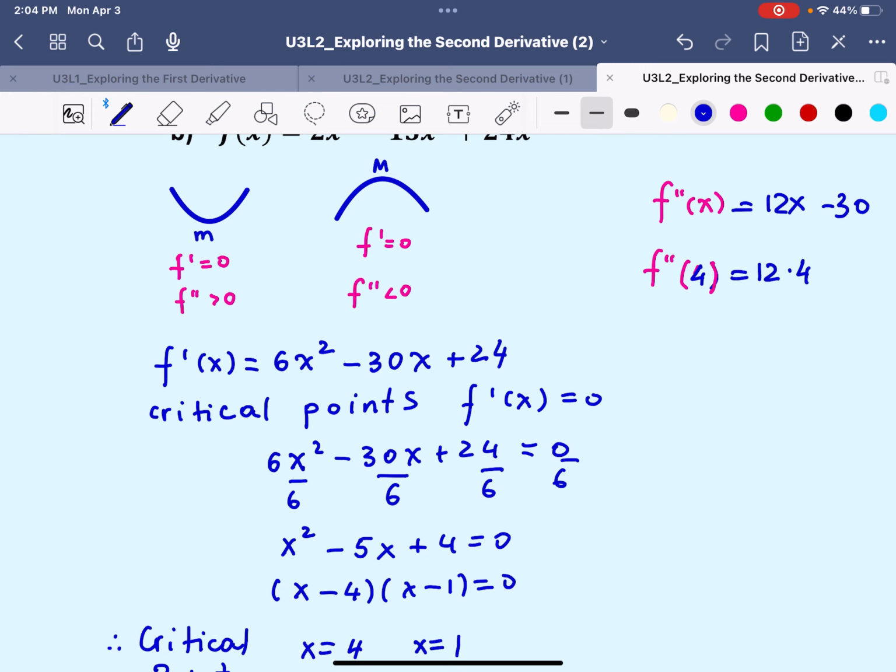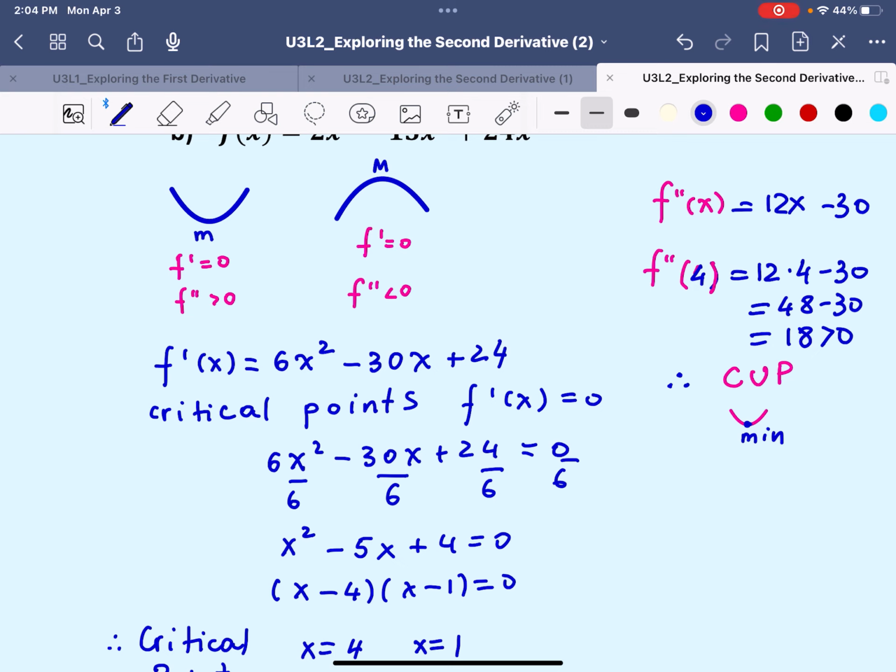So 12 times 4 minus 30 would be equal to 48 minus 30, and that equals 18. 18 is a positive number, therefore the function will be concave up at x equals 4. Concave up means that the critical point will be located at a lowest point in this interval, which means that it will represent a min.